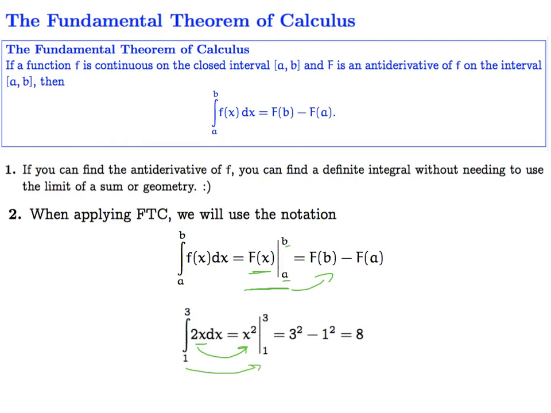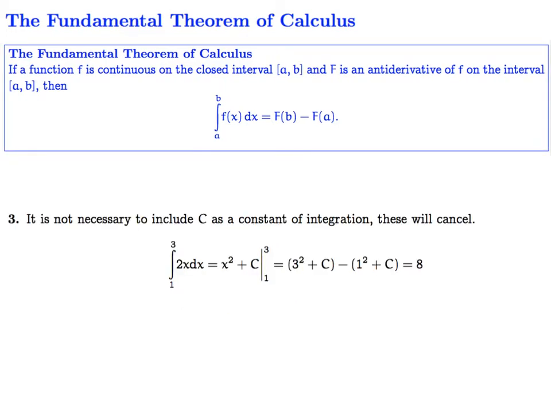We move over our lower and upper bounds, and then we substitute them in. The 3 goes in the first one, so it becomes 3 squared. The 1 goes in the second one, so it's 1 squared. And we get an answer of 8. So this means we've just integrated this function, and we got 8. No limits necessary.